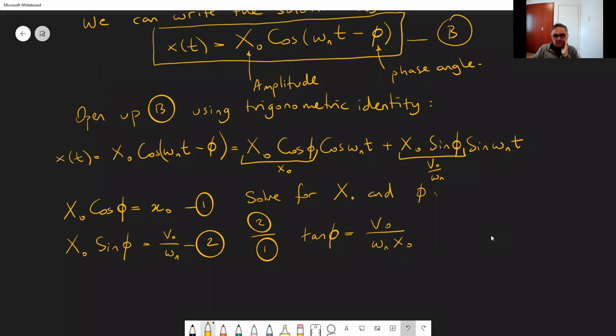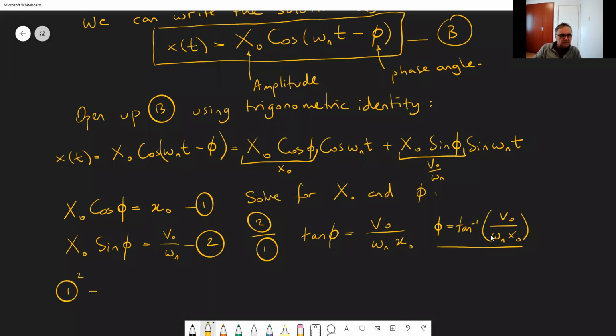So phi is simply tangent inverse of the ratio on top of that.